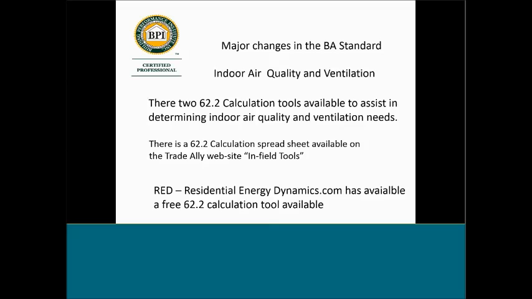And you're also going to have the blower door CFM number of the building to put into the calculations in order to come up with what the ventilation requirements are to meet the 62.2 standards.